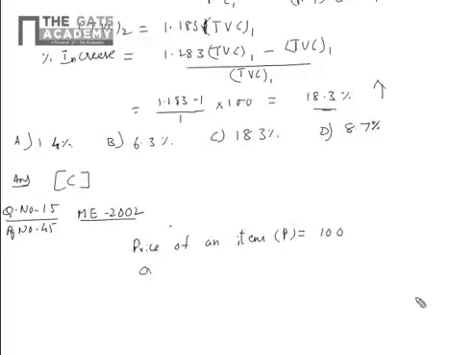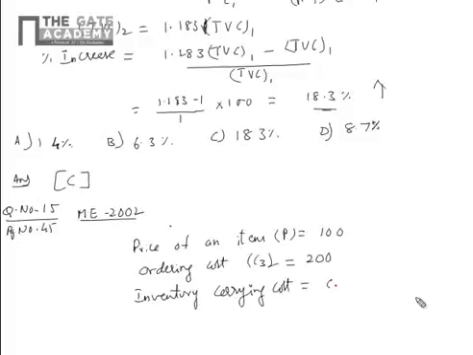Ordering cost is given, and inventory carrying cost is 10% of the item cost, so 10 by 100, 10% of item cost.